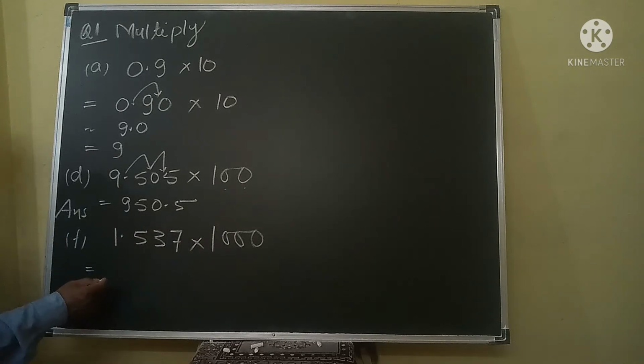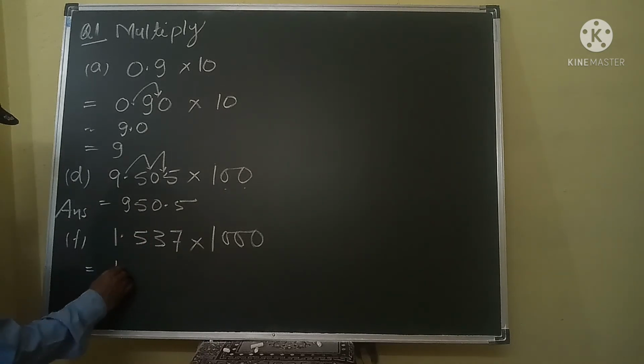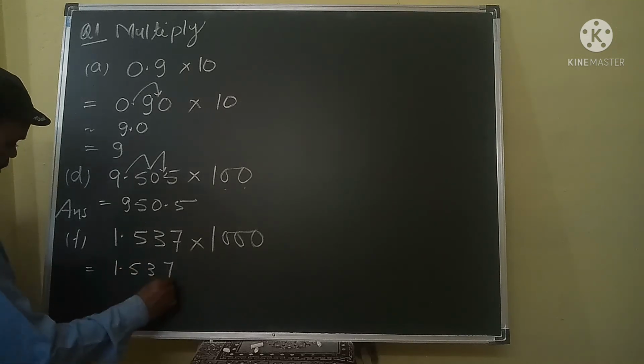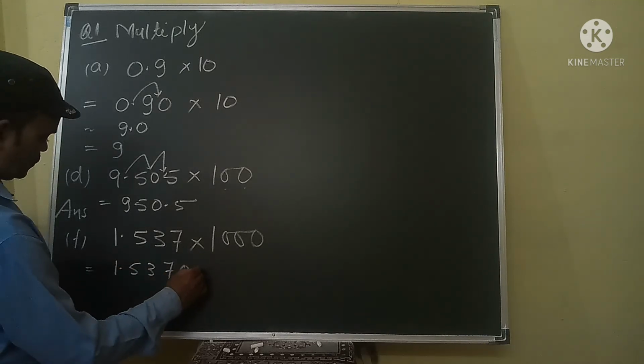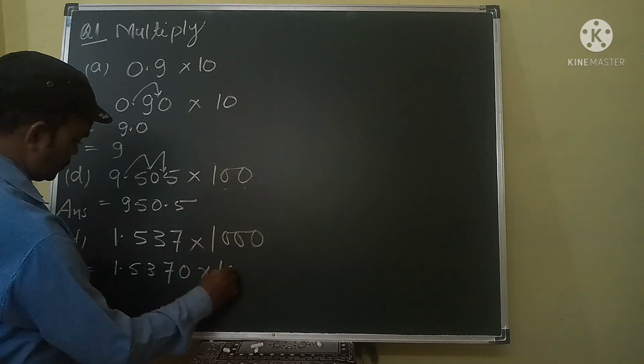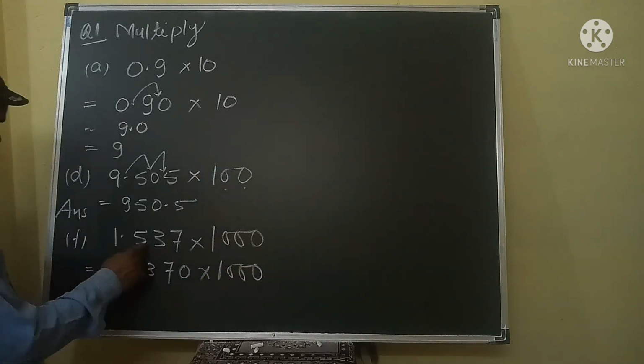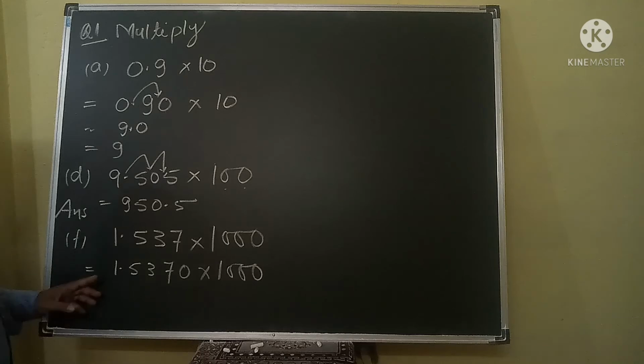So this number we can write as 1.5370 into 1000. 1.537 and 1.5370, both values are the same.